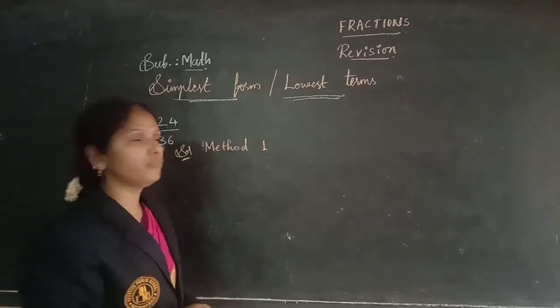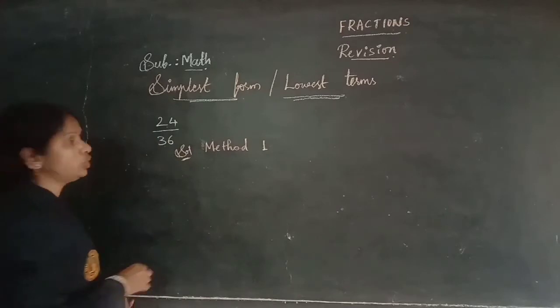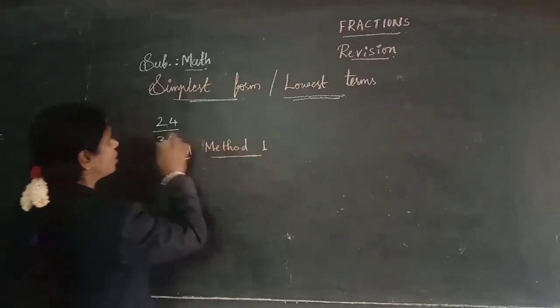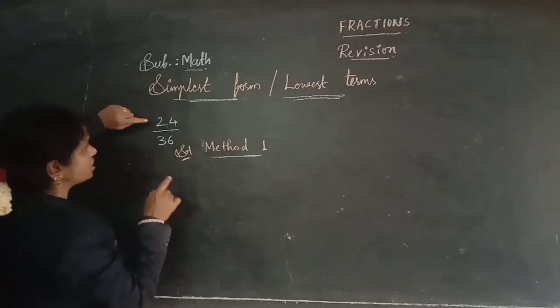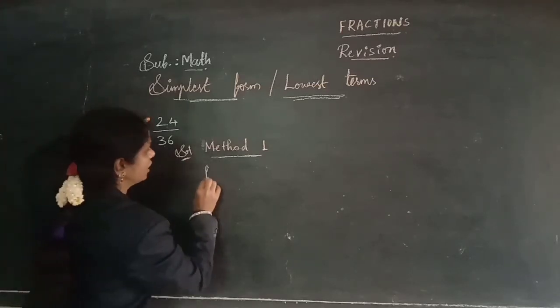So method 1, how can we solve here? First, we need to write the factors of 24, the factors of the numerator, children.